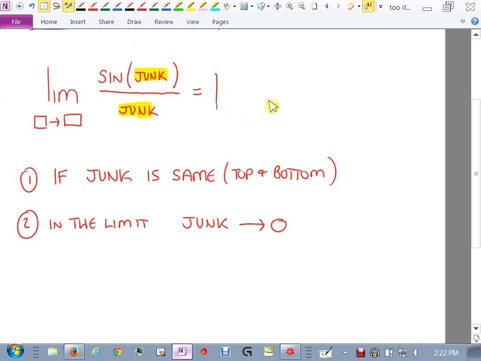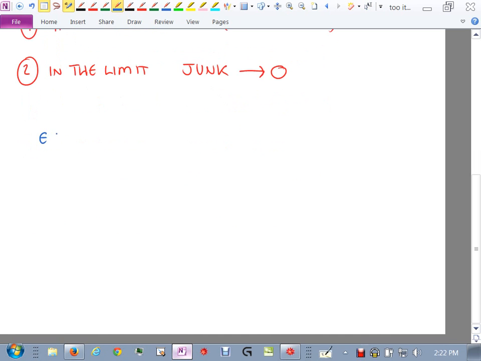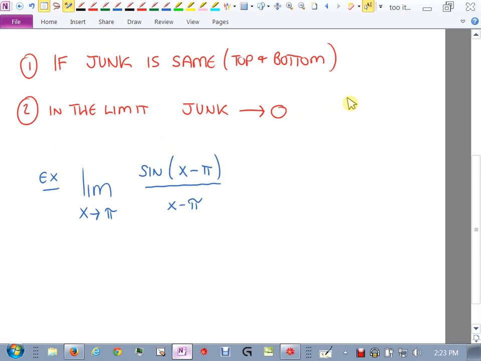Example. Limit as x goes to pi of sine of x minus pi over x minus pi. That's 1? That limit's 1?